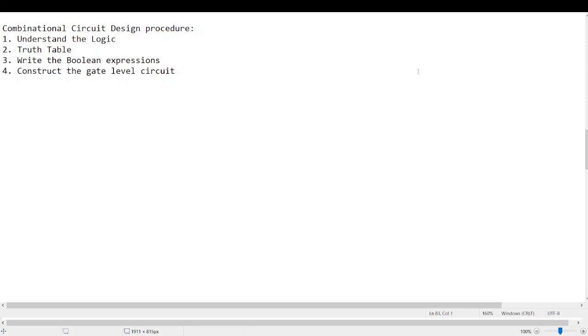What is meant by understanding the logic? Whenever you are designing any circuit in combinational circuits, first of all, you have to read the question carefully. You have to read the requirements carefully. In the requirements, it will be mentioned clearly what the functionality and operation of the circuit that we are going to build is.